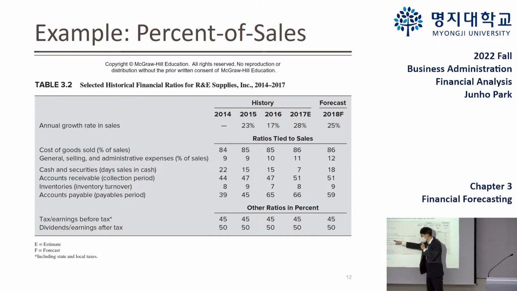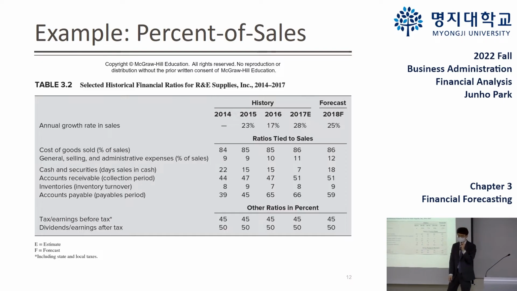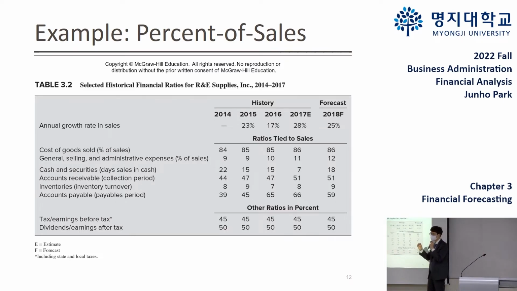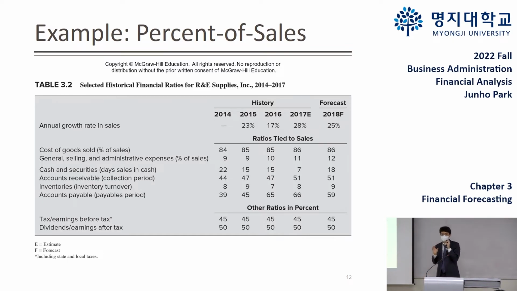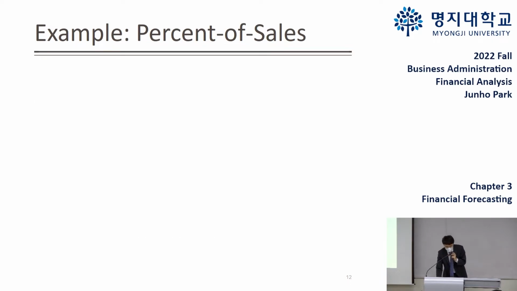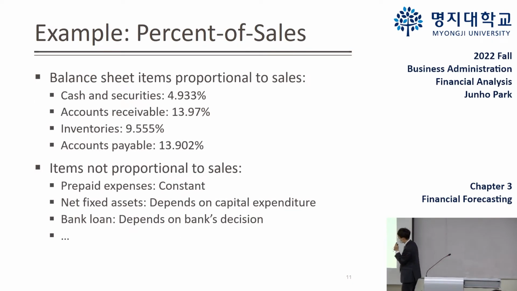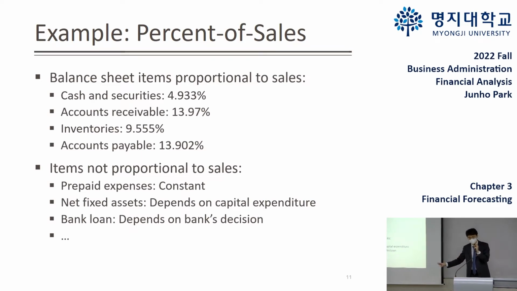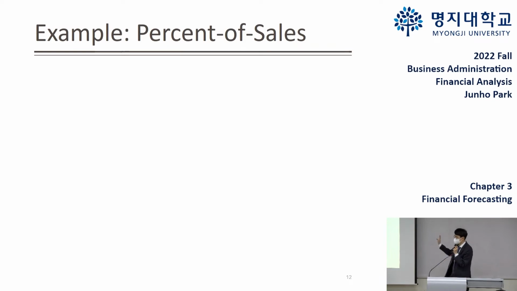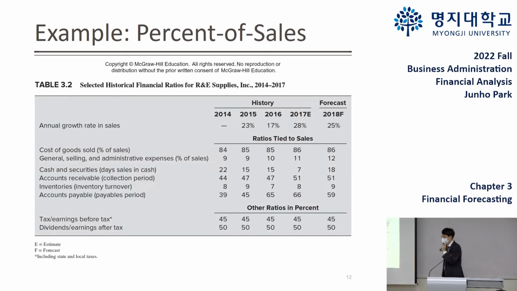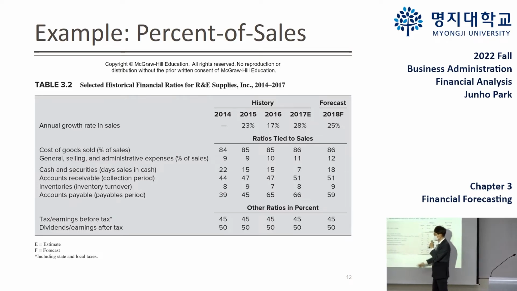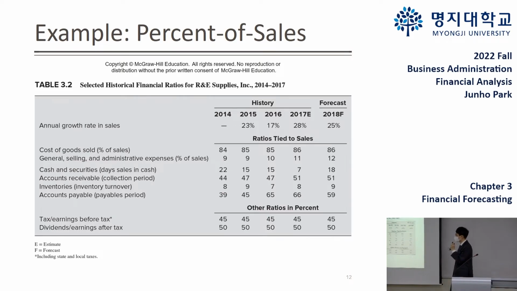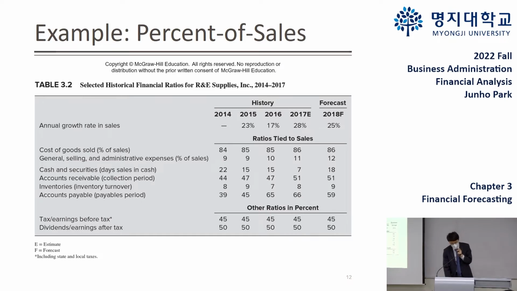For example, for cash and securities, the textbook measures them as days sales in cash, which we didn't learn in this class. So I just wanted to simplify it. I just calculated it as a percentage of sales, and I obtained 4.933%. However, it has the same meaning as the textbook, so you don't have to feel difficult about the days sales in cash, collection period, and payables period. You can just ignore them.